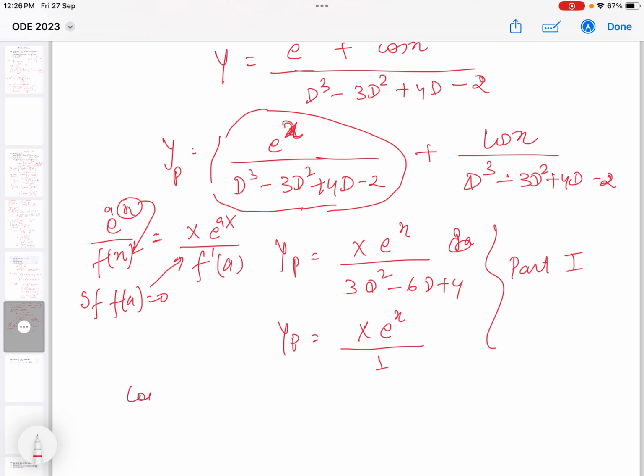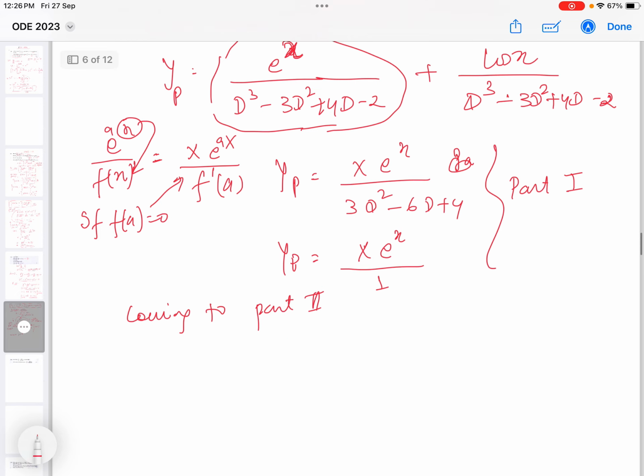Coming to the second part. Y particular is equal to cos x over D cube minus 3D square plus 4D minus 2. In order to solve a cos function, D square is equal to minus a square, where a is the coefficient of x here.